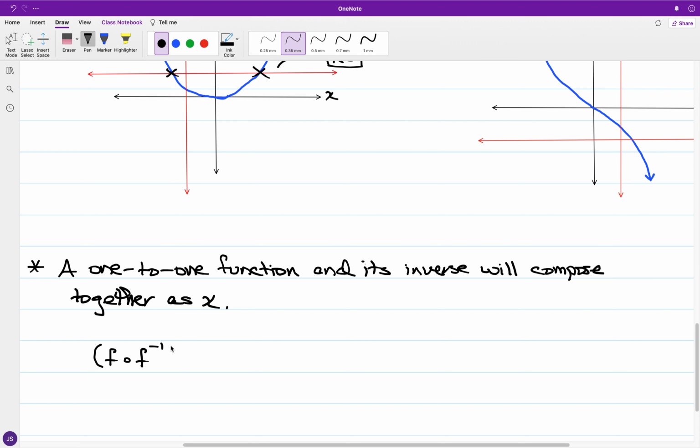You can see I have f composed with its inverse of x. And I can do this. See, f of the inverse of f of x, and that's going to go to x.